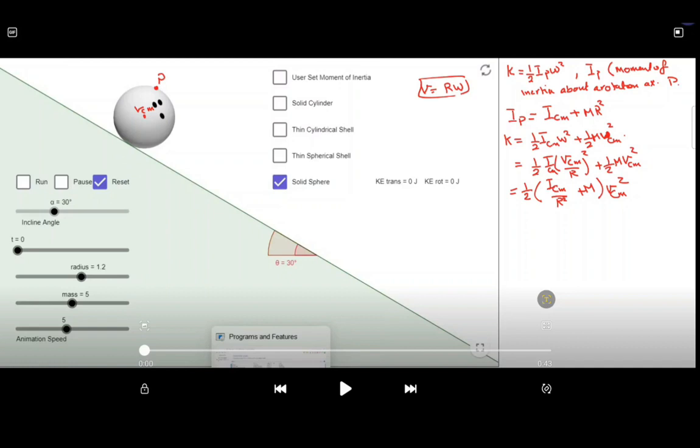Conservation of energy, K final plus U final equal to K initial plus U initial. So K initial 0 and U final here it's equal to 0. Therefore, half I center of mass over r square plus m, times v center of mass square, equal to mgh.